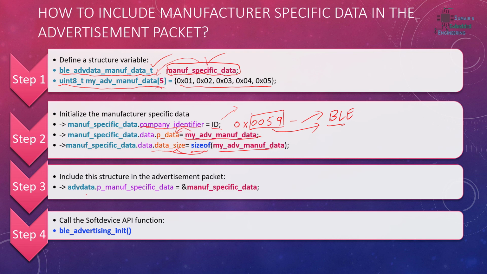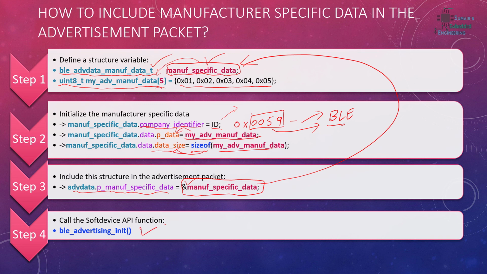Now the next thing we need to do is, in our advertisement init structure, set init.advdata.p_manufacturer_specific_data, and here we have to point it toward our manufacturer specific data, using the address-of operator, which will contain all of our data.